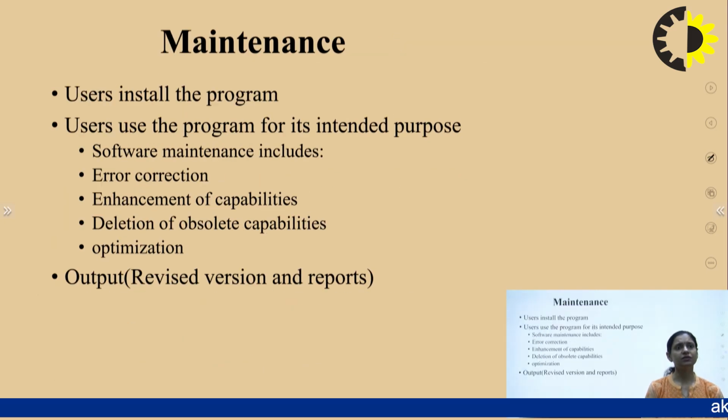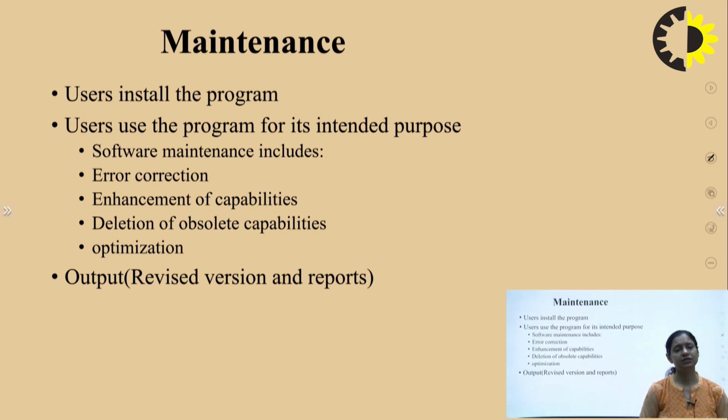The last phase is the maintenance phase, where the user installs the software that is given to the user. The user uses the program for their intended purpose, which is already mentioned in the requirement specification phase. Software maintenance comes in when the user starts using that software, and he might come up with some difficulties or some things that need to be changed.